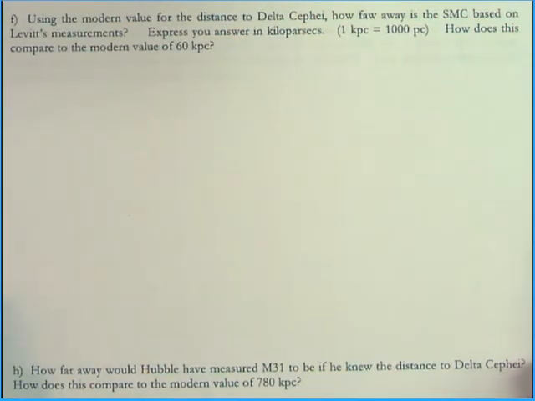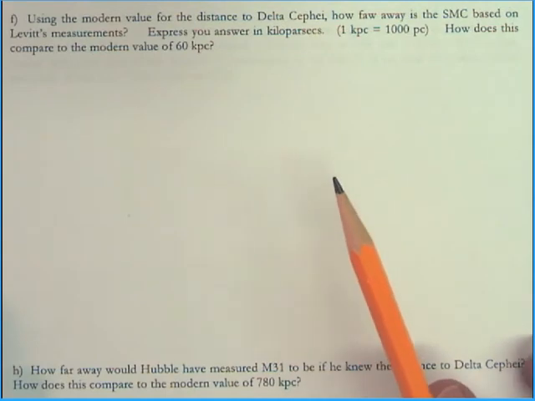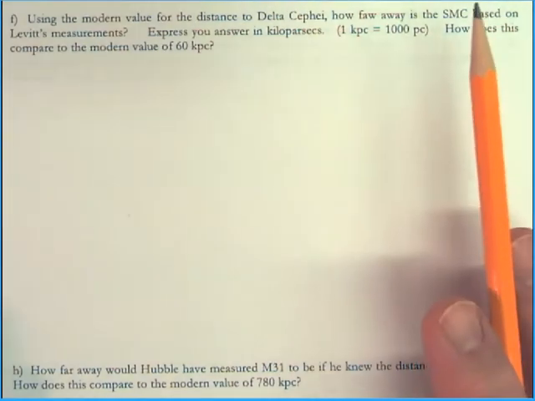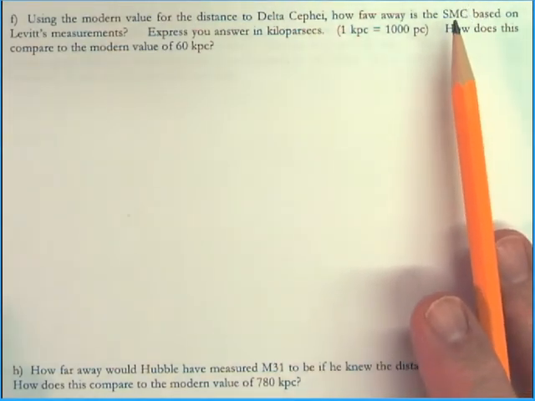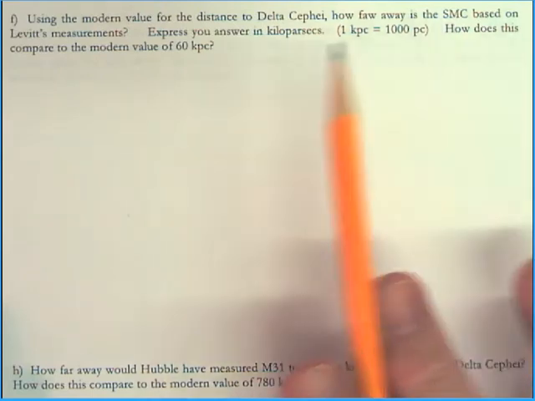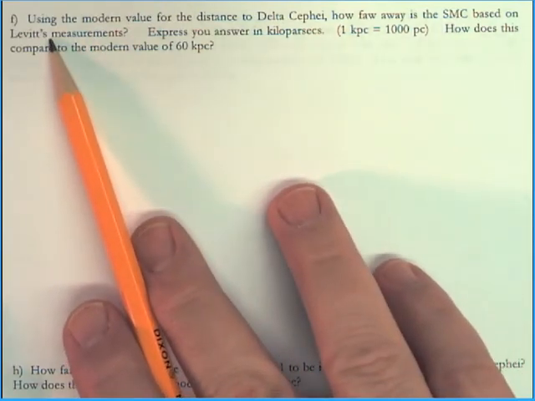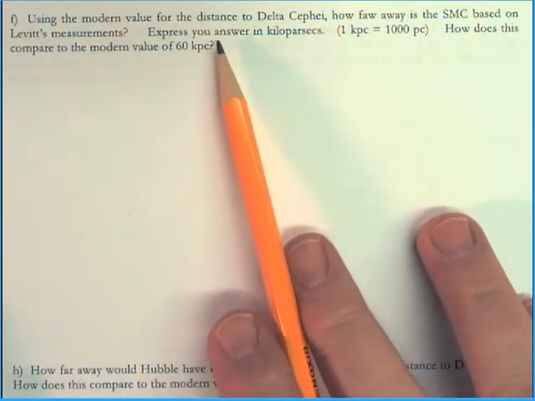Now, the next part asks us to find how that value relates to the modern value. So if we take that value for delta Cepheid, which is the modern value, and we compare that to the distance to the SMC based on Leavitt's measurements, we can get an answer.